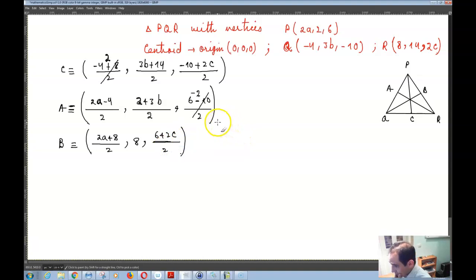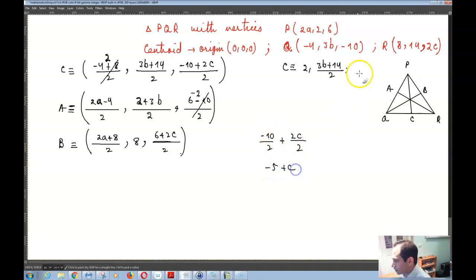So then I can write the coordinates of C, for example, as 2 comma 3b plus 14 divided by 2, and this would be negative 10 halves plus 2c divided by 2, which is negative 5 plus c.